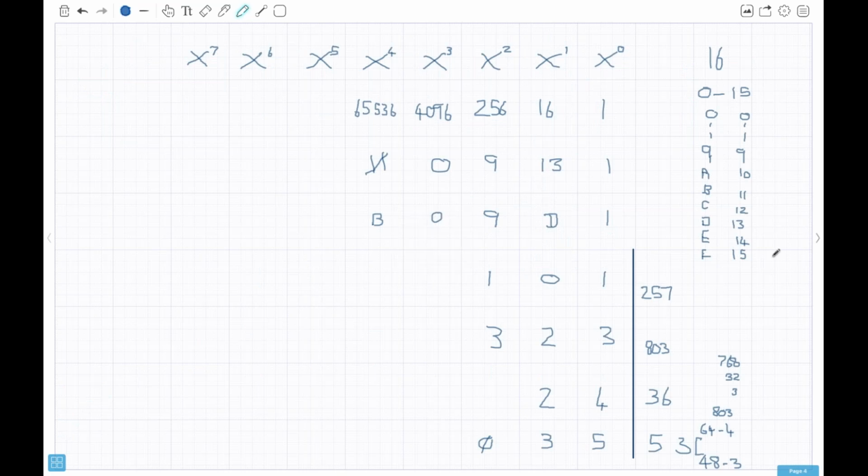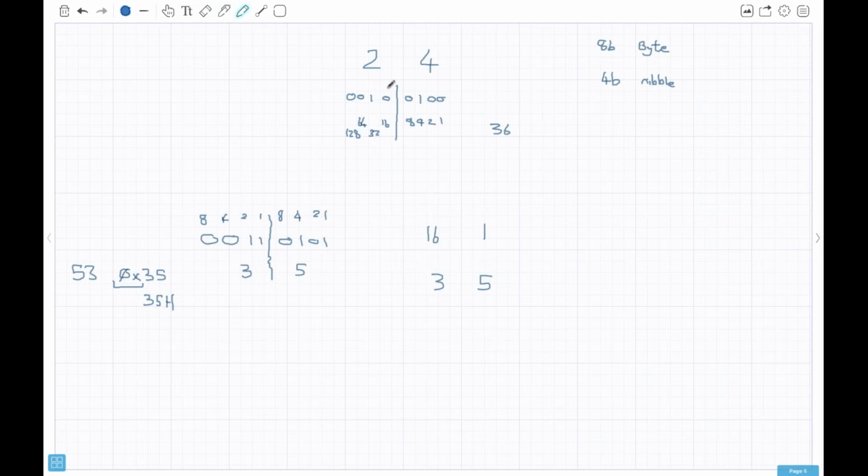Then we talked about hexadecimal, which is a simple way to write down numbers that can be easily understood by computers. We understood that 8 bits can be written down as 2 blocks of 4 bits, and I showed you that a single 2-digit hex number can be broken down into 2 nibbles, or 2 halves of a byte.